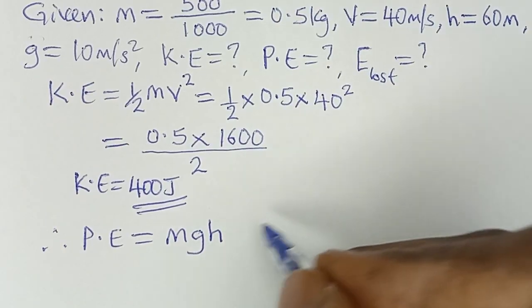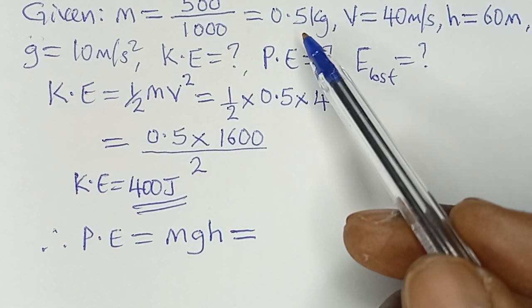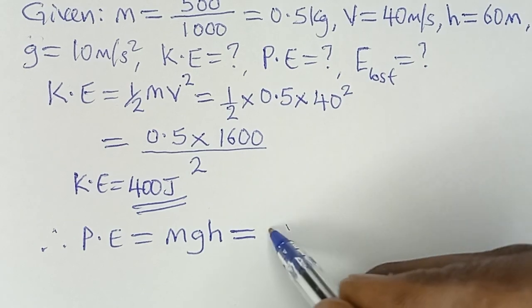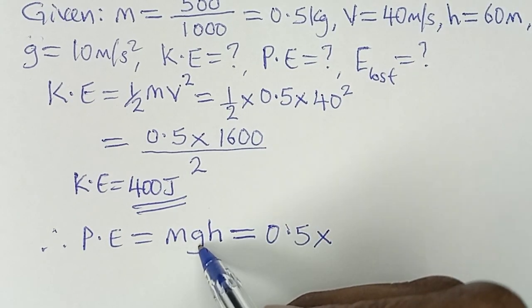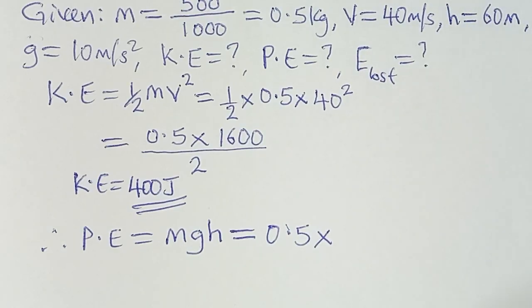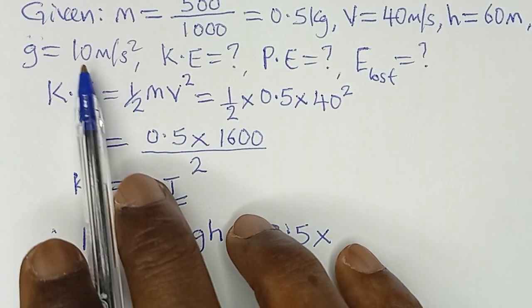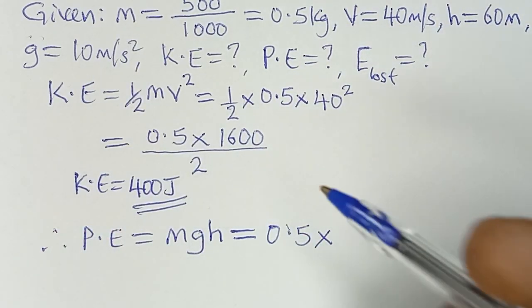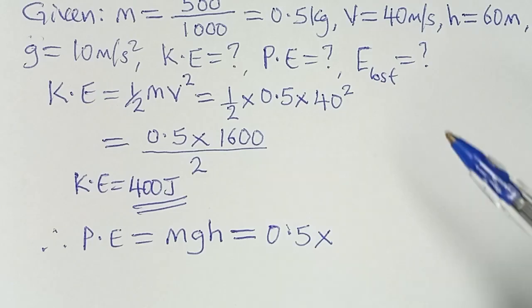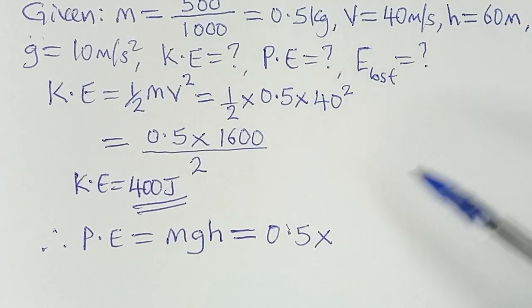So let's substitute the values now. The mass we can say is 0.5. So I'm going to say 0.5 multiplied by acceleration due to gravity, which is 10. The acceleration due to gravity given to us is 10 meter per second square. Some problems can state it as 9.8, which is the accurate value, but we are taking an approximate value of 10 meter per second squared.